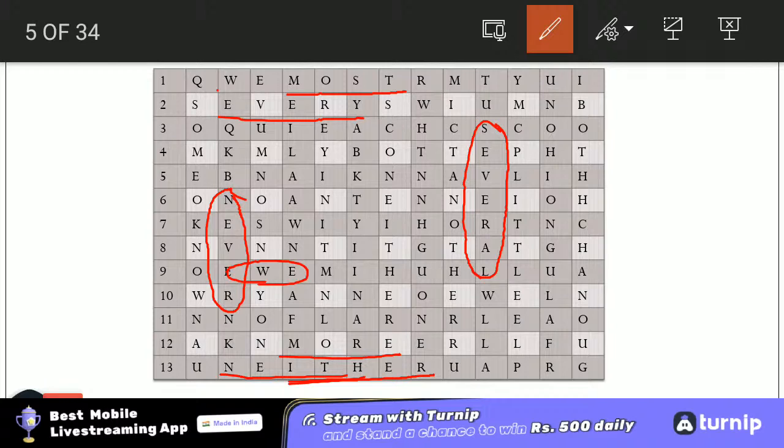Keep on searching. You still have many. There is little as well. Hurry up, hurry up. Can anyone tell me where is another?